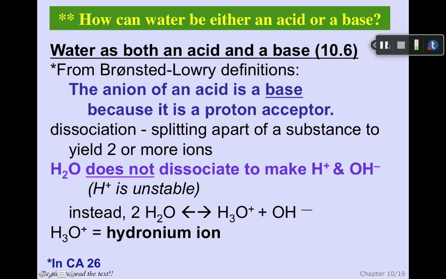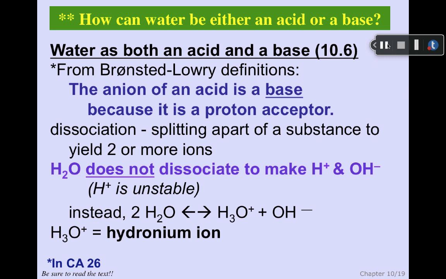To extend this discussion, we'll think about water as having the capability of being both an acid and a base, depending upon the context. So the anion from an acid is going to be a base because it is a proton acceptor. And water can have an anion.